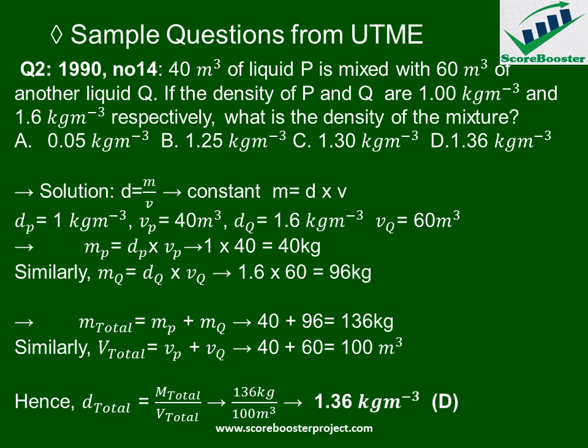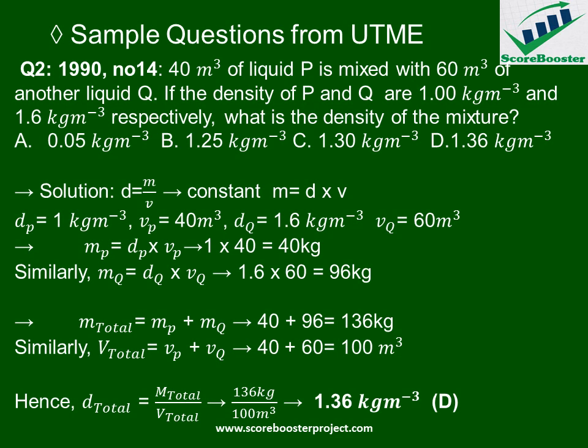Now the next question we shall be considering comes from 1990, number 14, and the question goes thus: 40 meter cube of a liquid P is mixed with 60 meter cube of another liquid Q. If the densities of P and Q are 1.00 kg per meter cube and 1.6 kg per meter cube respectively, what is the density of the mixture?